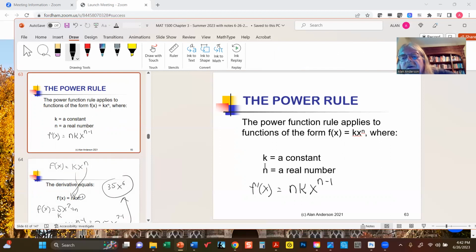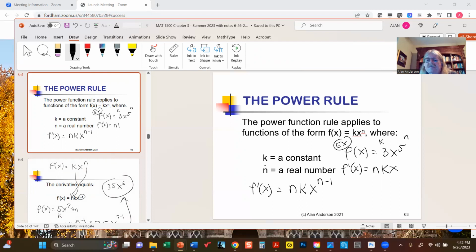So whatever your number is, you start out with some value. Let's say, for example, f of x is 3x to the 5th. Then here's your k, here's your n, and that implies that f prime of x, which is n k x to the n minus 1, equals 5 times 3 times x to the 5 minus 1 power.